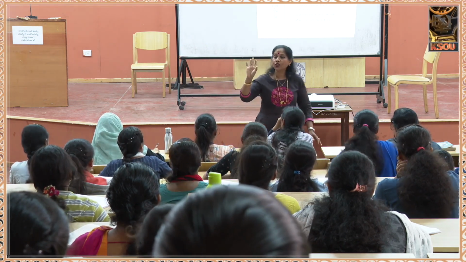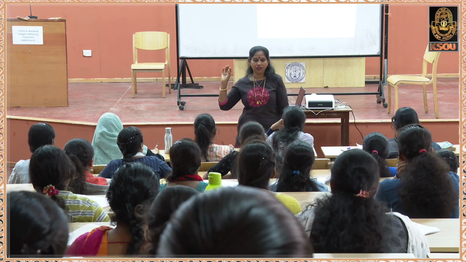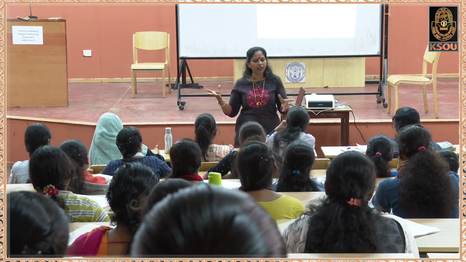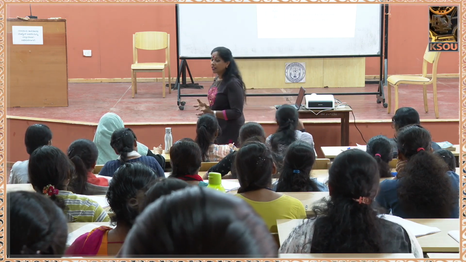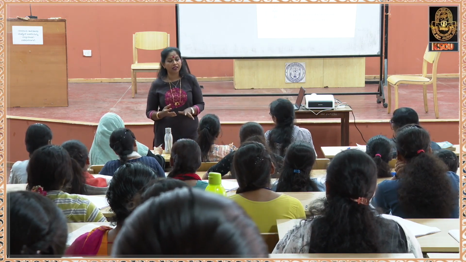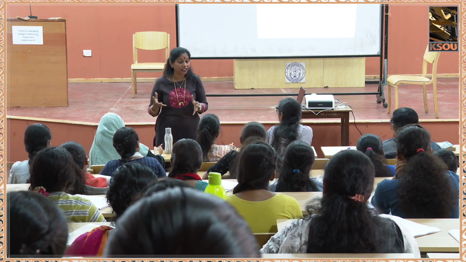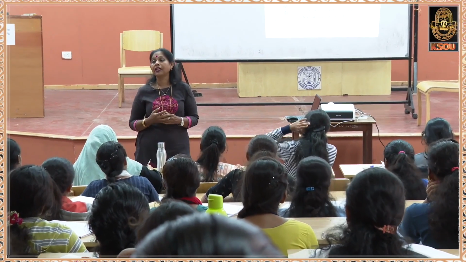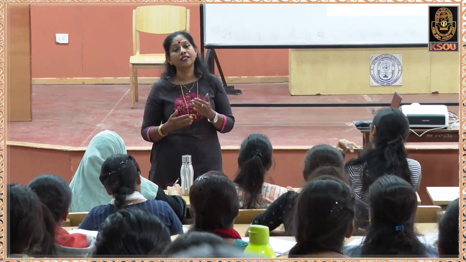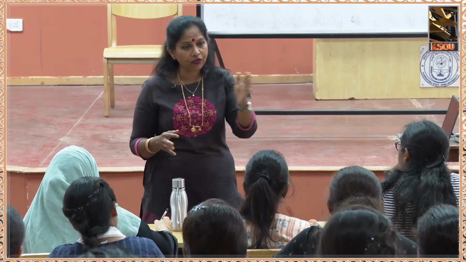Computer understands only 0 and 1. All your data is converted into zeros and ones. How it converts, all that I'll explain in the next class. Translators, assemblers, compilers, interpreters do that. So this we'll learn later.